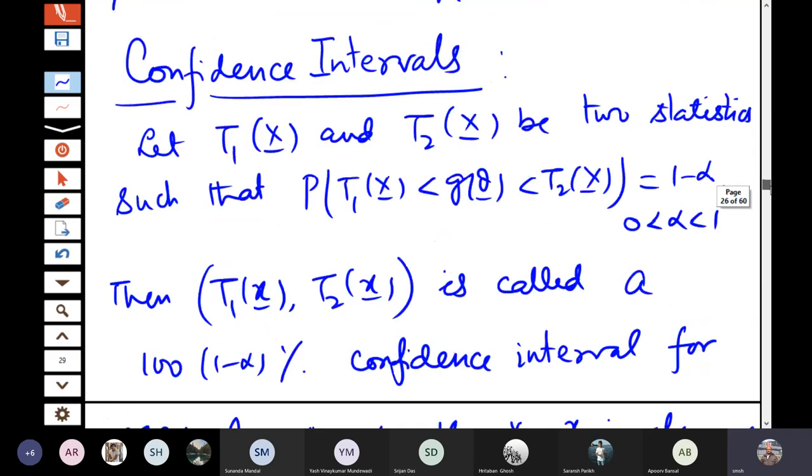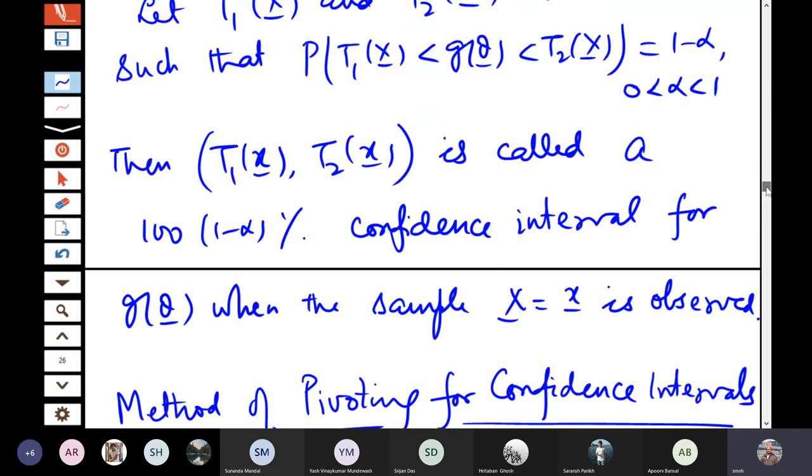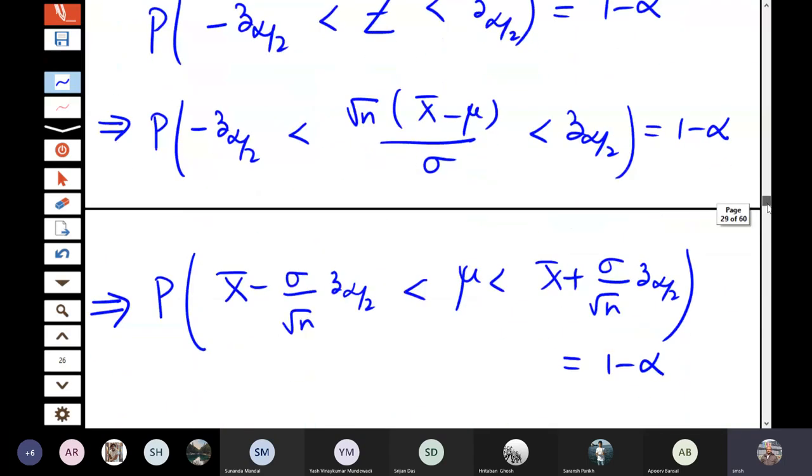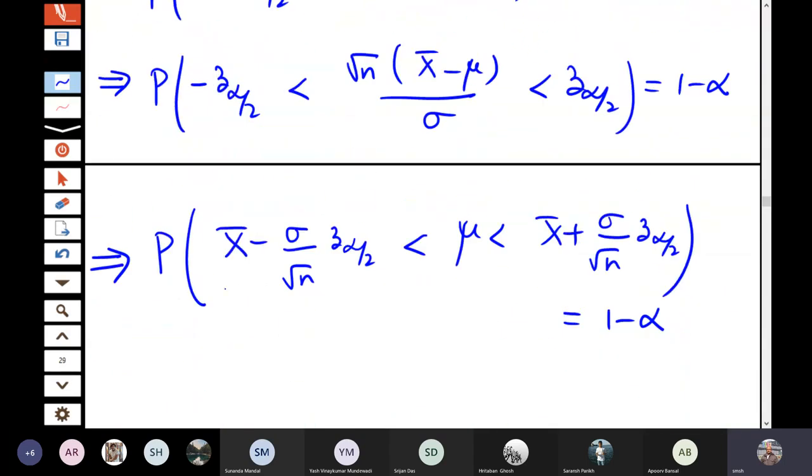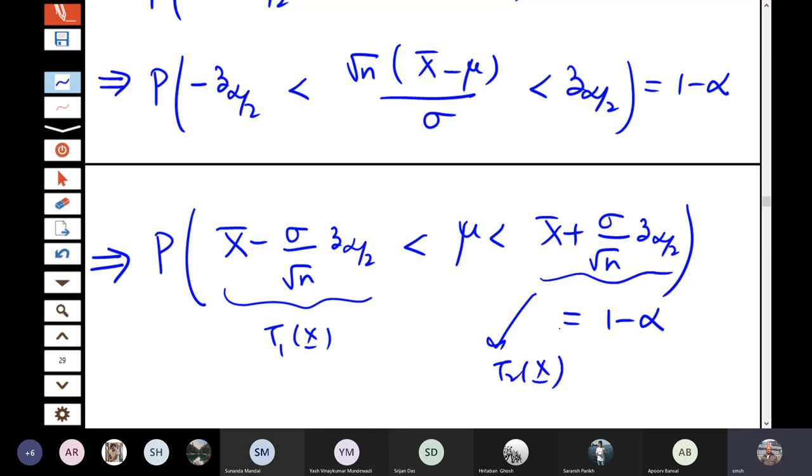So if you match with this definition, that probability of T1(x) less than g(theta) less than T2(x) is equal to 1 minus alpha, then it is equivalent to that statement. This is your T1(x) and this is your T2(x). So mu lies between T1(x) to T2(x) with probability 1 minus alpha.